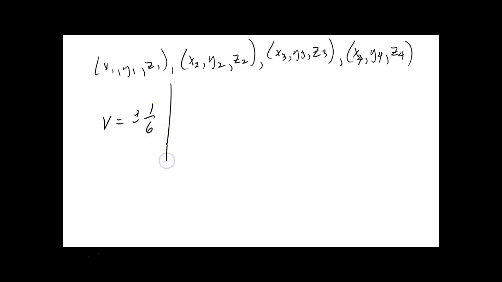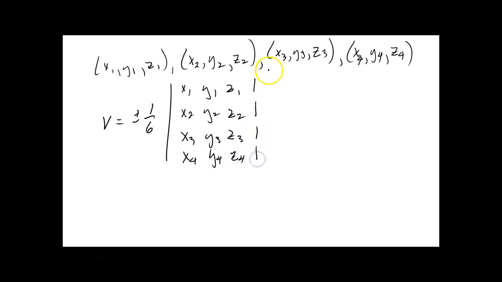The determinant formed by x1, y1, z1, guess what next? 1. x2, y2, z2, 1. x3, y3, z3, 1. x4, y4, z4, 1.